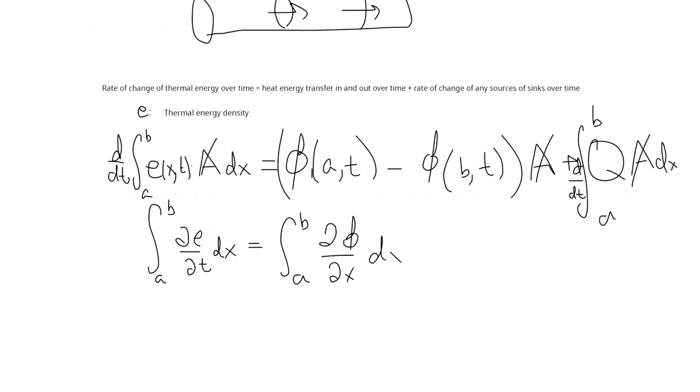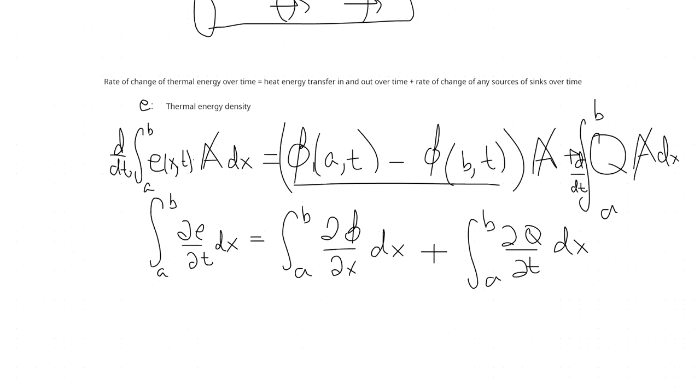Because then using the fundamental theorem of calculus, you get the above expression. And then using similar logic to the first term, this can be rewritten as partial q over partial t times dx.